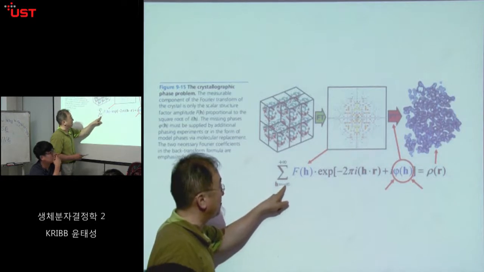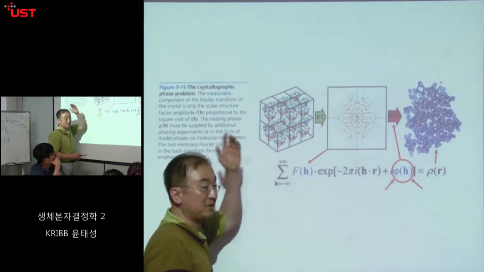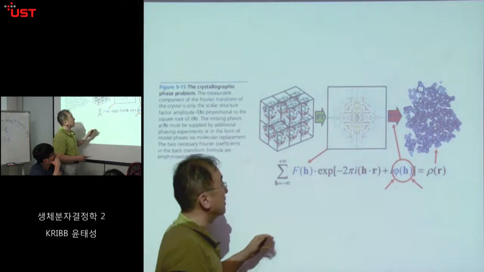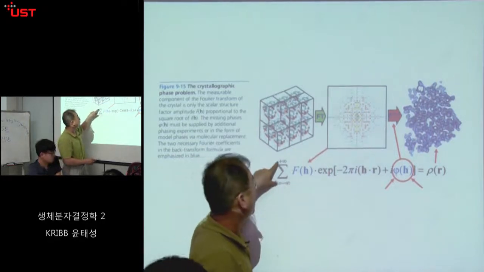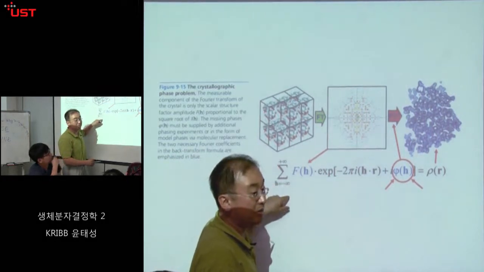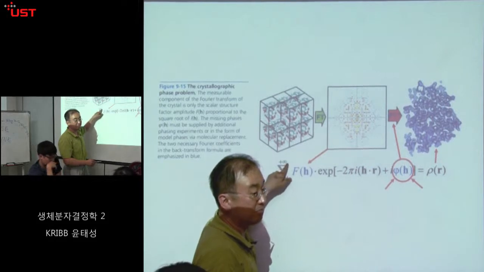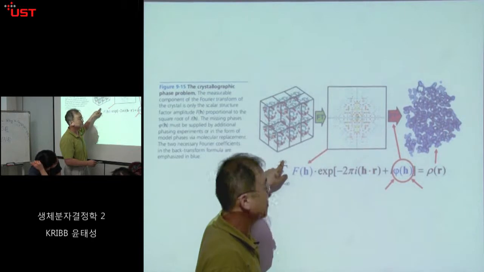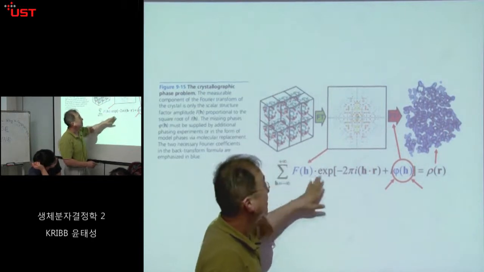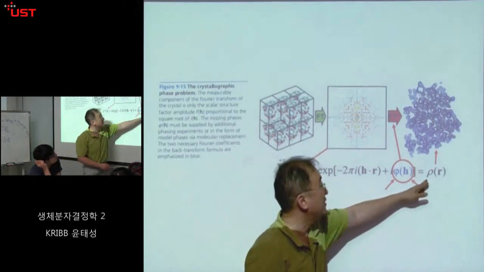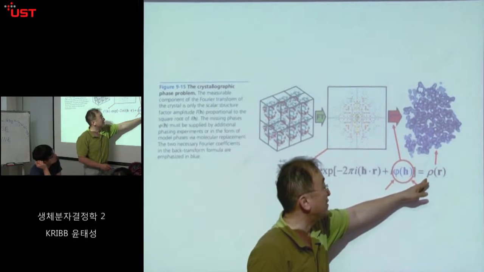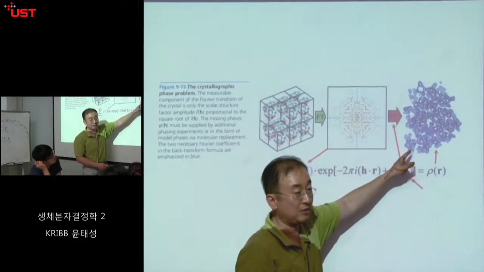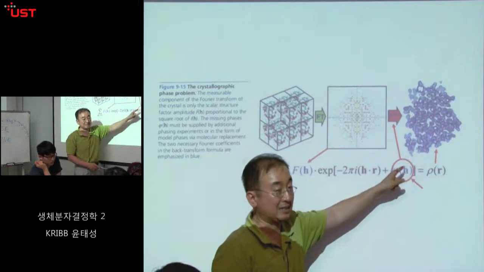It shouldn't be minus infinite to plus infinite, as I mentioned in previous lecture per semester. This should have some limitation on maximum H, minimum H. Okay. Then we have grid, electron density grid like this, or electron density map like this.